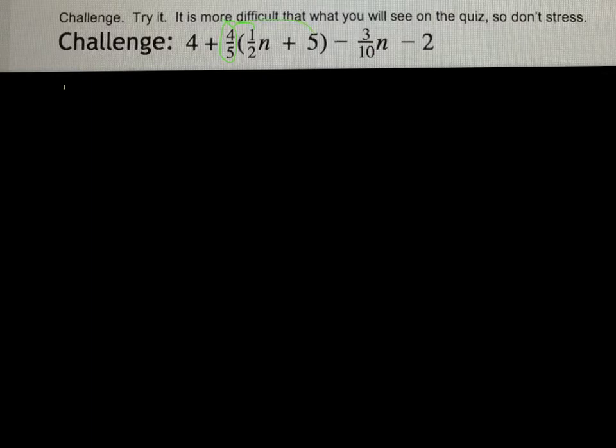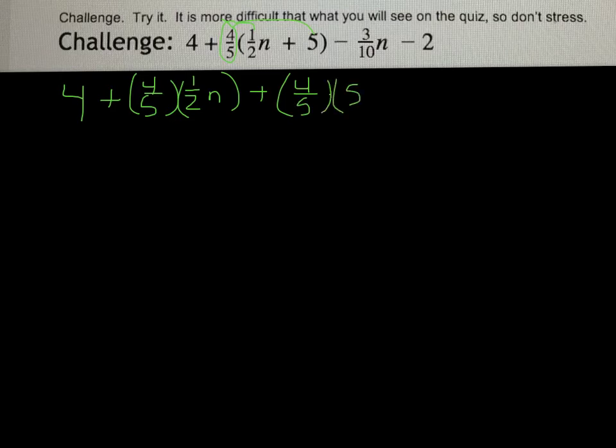So if I write this out, I get 4 plus 4/5 times 1/2 n plus my second distributive part, which is 4/5 times 5, and then I continue to write the rest, which is minus 3/10 n minus 2.